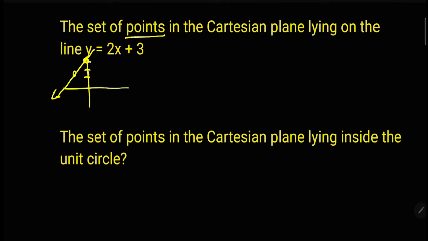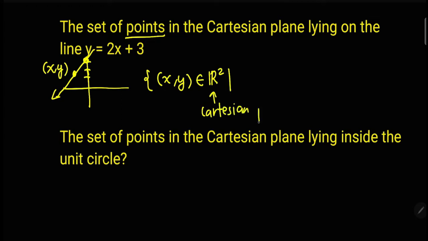So any point here. Of course, a point in the plane is represented by the ordered pair (x, y). So our set is denoted by the ordered pair (x, y). Usually we denote the Cartesian plane by the symbol R squared. This is the Cartesian plane. And then we express the formula such that x and y follow the formula y equals 2x plus 3.